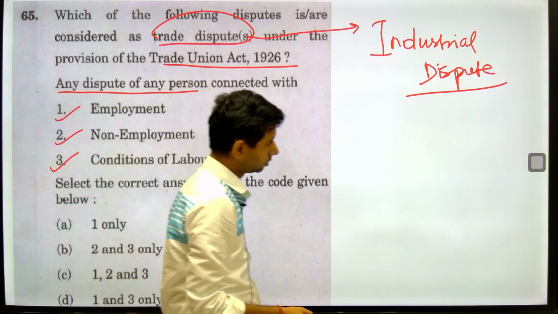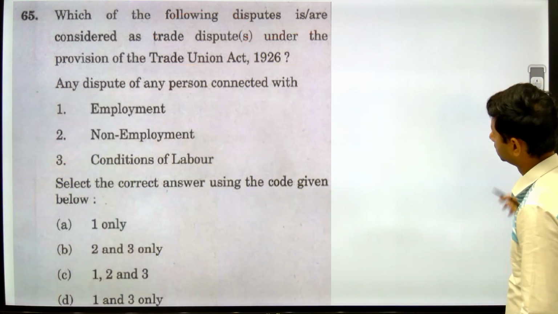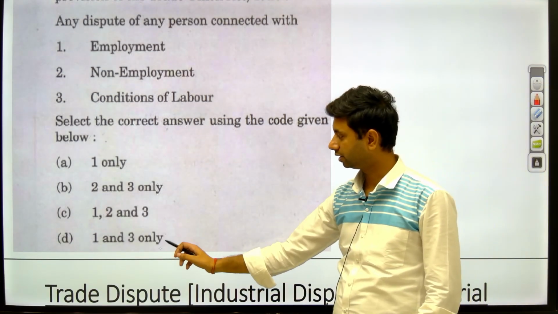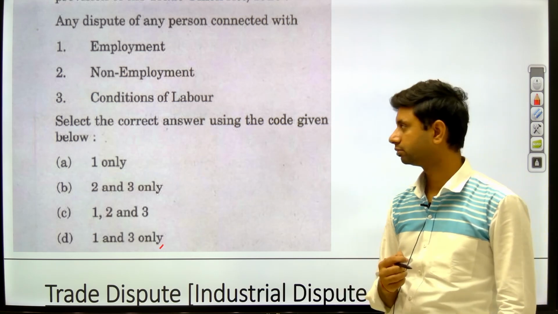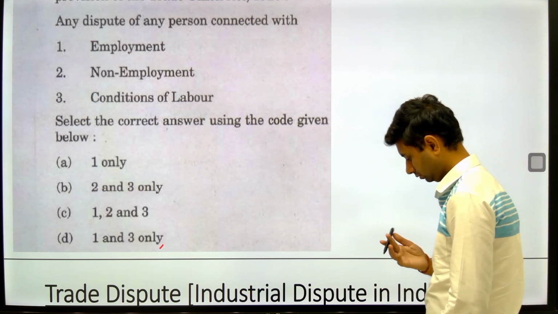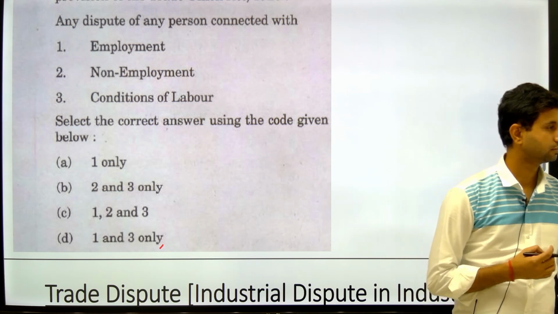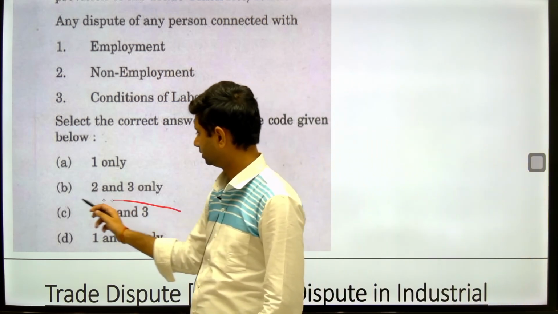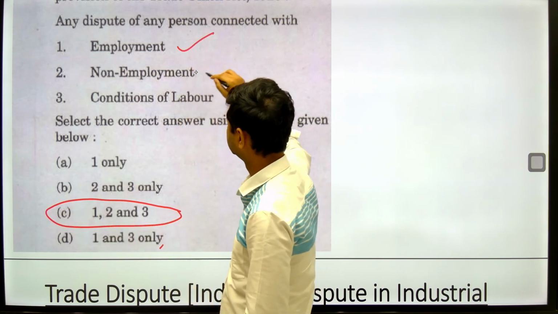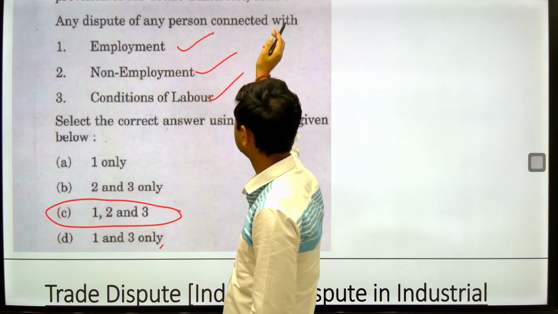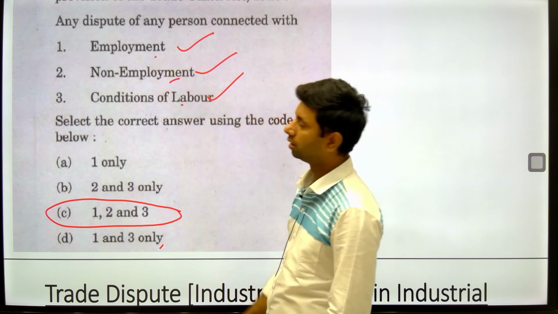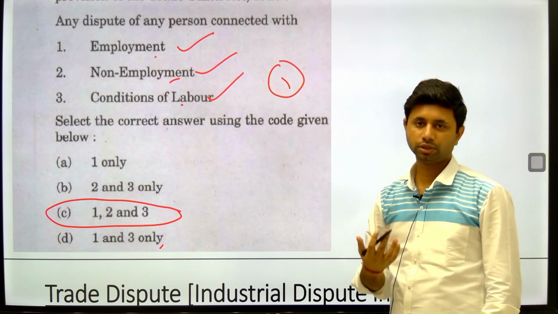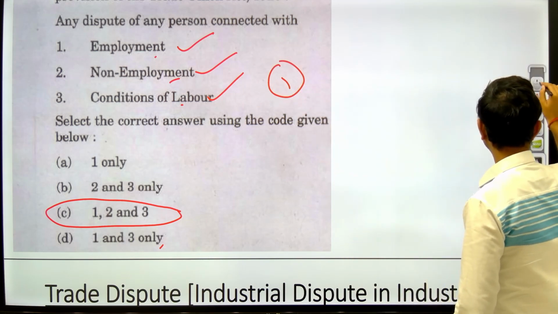What is the correct option? 1 only, 2 and 3 only, 1, 2 and 3, and 1 and 3 only. Try to give the answer. So actually the answer is C. That means all of it is correct. So any dispute of any person connected with employment, non-employment and condition of labor. There is also one more provision. We will see what it is under the law.